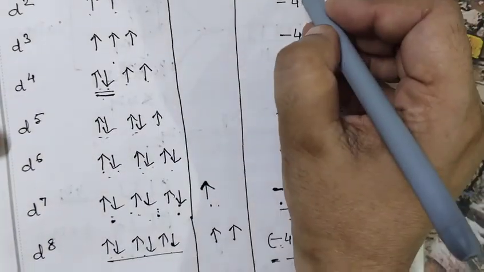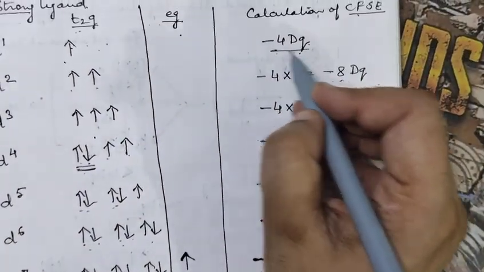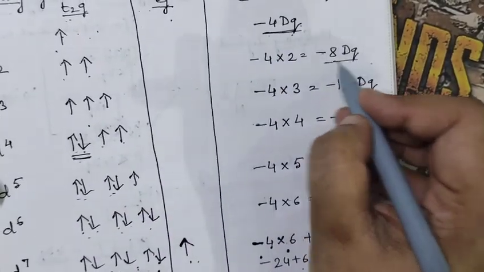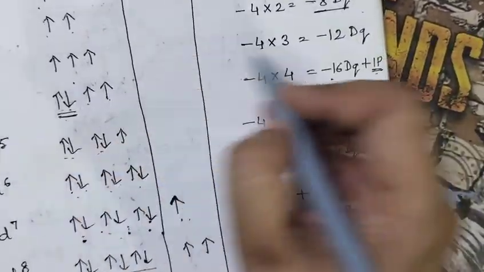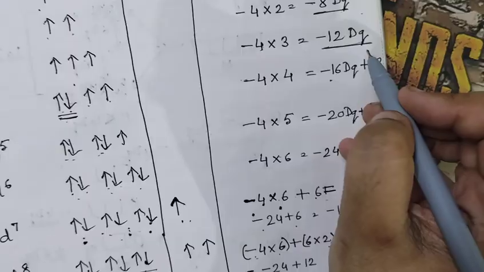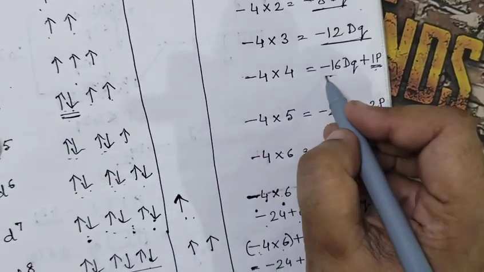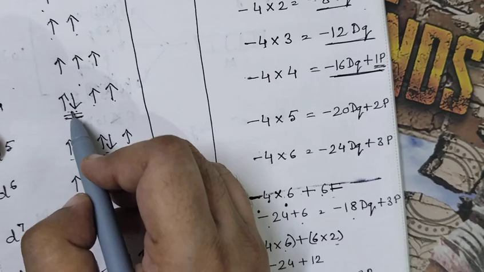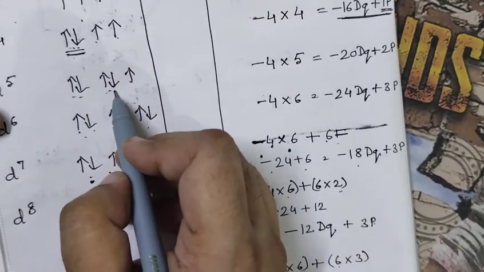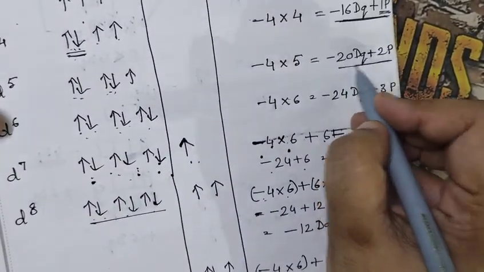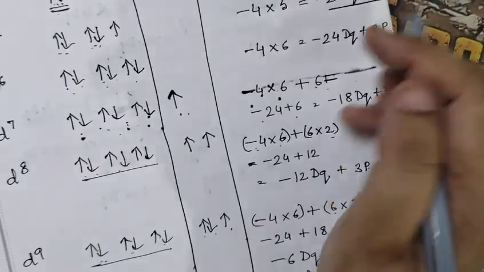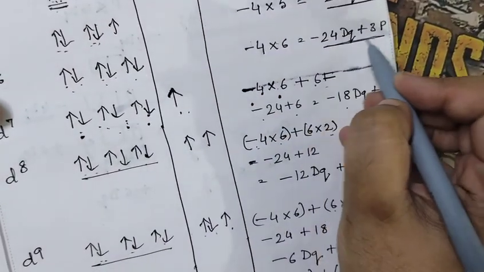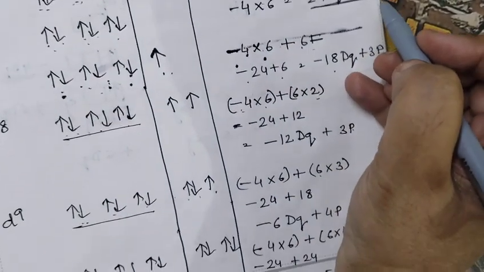So the total energies are: for D1 minus 4 dq, for D2 minus 8 dq, for D3 minus 12 dq, for D4 minus 16 dq plus 1p. Why? Because pairing has started. And there are 2 pairs, so minus 20 dq plus 2p. 3 pairs, minus 24 dq plus 3p.